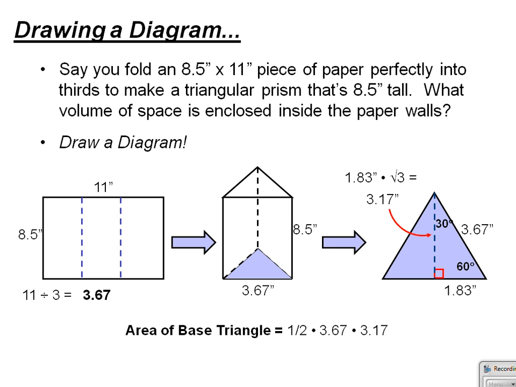Making use of these numbers, we can now find the area of the triangular base. The length of that base is 3.67 inches. The altitude is 3.17 inches. Multiply that by 1/2. Altogether, the area of the triangular base is 5.82 square inches.